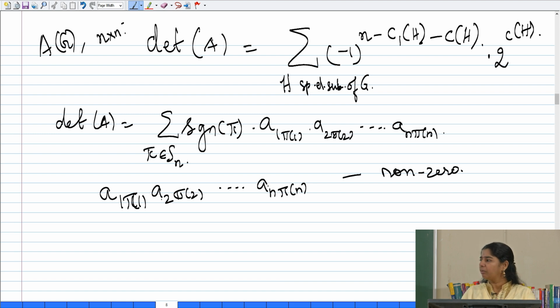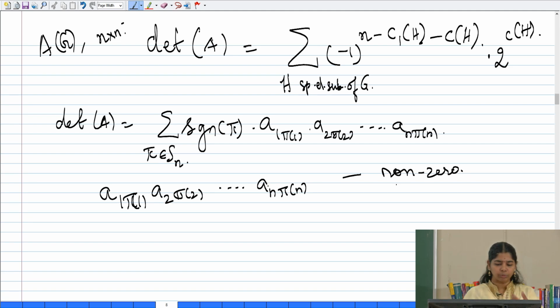So, we can see that only cycles and edges are being counted in these terms. Each of these non-zero terms gives me cycles and edges that are present here, because this permutation could have a cycle in itself. If pi has a cycle, then I am talking about an elementary cycle existing in my subgraph.